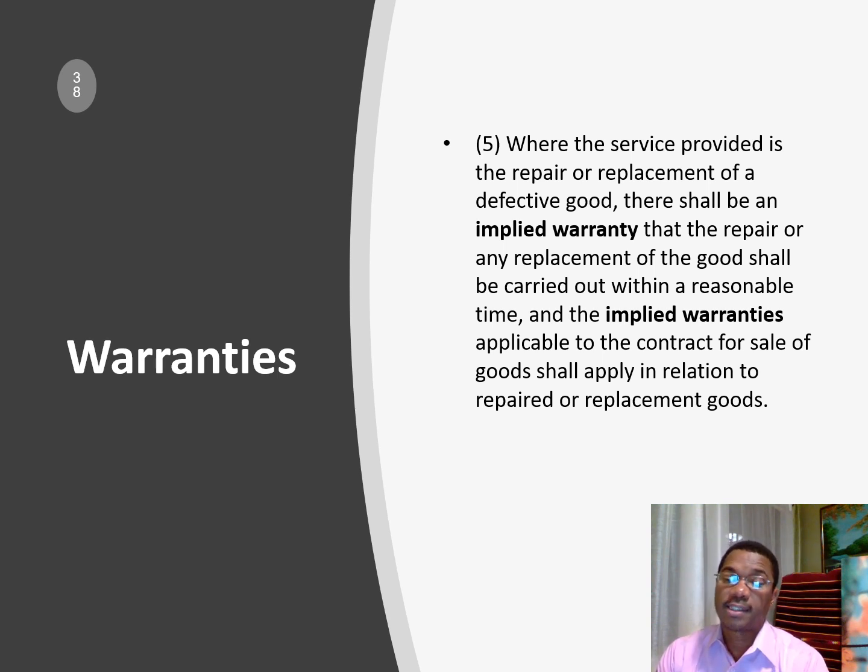So again, the warranty that we're talking about here is, for want of a better word, an assurance that if the products are defective, then the provider will either replace them or repair them, and if it is services, that those services will be offered to a high standard.